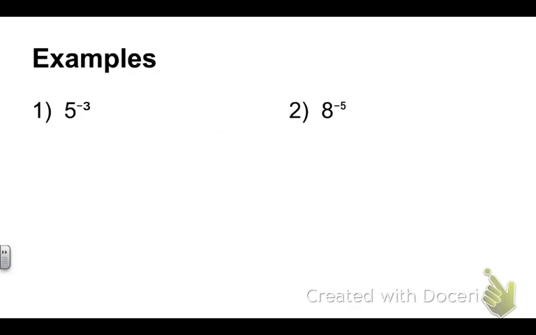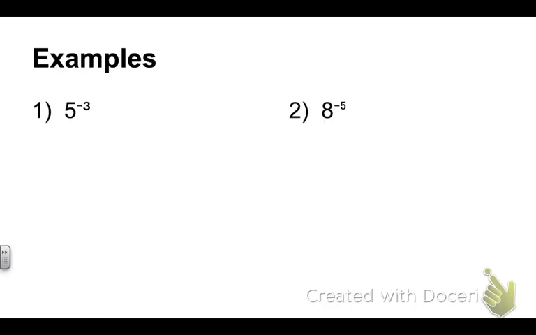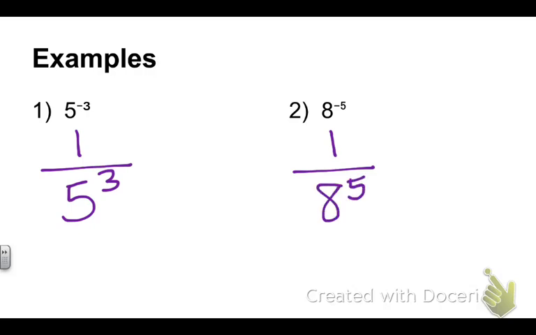So 5 to the negative third, put a 1 over 5 to the third, and right now I'm not worried about simplifying it. Same thing, 8 to the negative fifth, what's it going to be? 1 over 8 to the fifth.